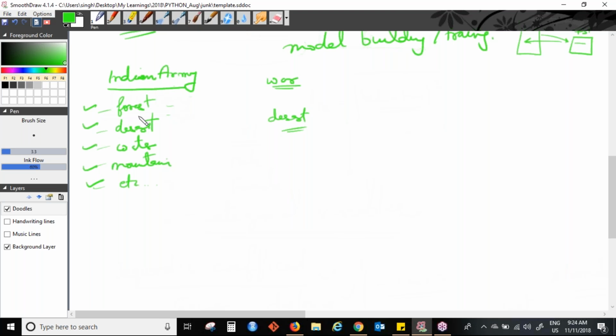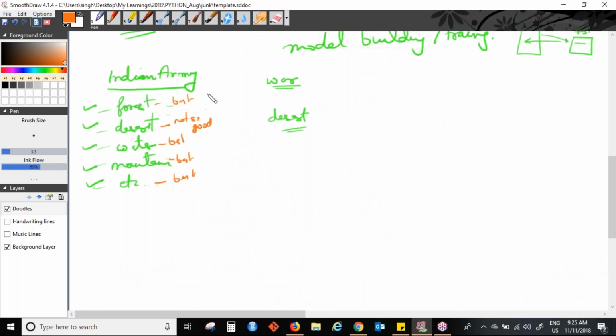Now if you just look at the accuracy on the training data, let's say the Indian Army is not so good here. At all other places we are best, but maybe only here we are not so good.